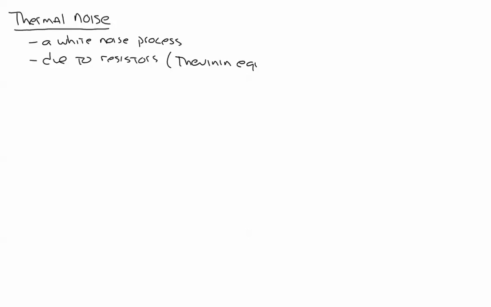Thermal noise is a white noise process, and it is due to the presence of compressed carbon resistors in circuits, at least the Thevenin equivalent resistance. So it's due to resistors in circuits.